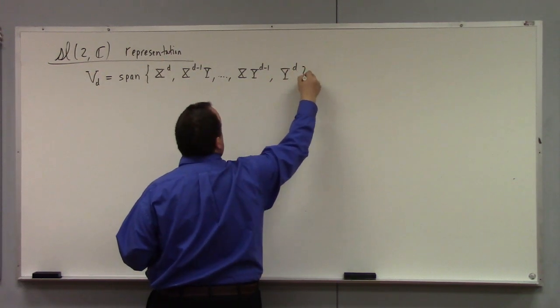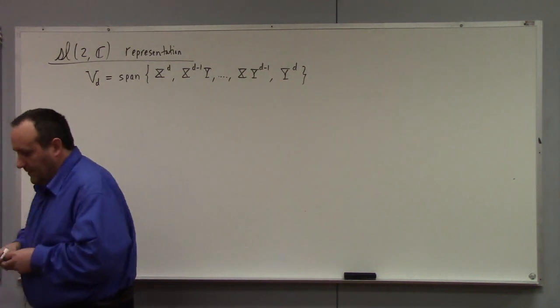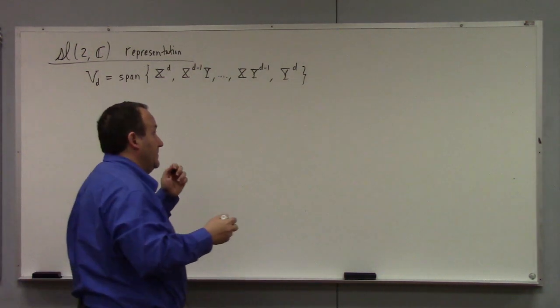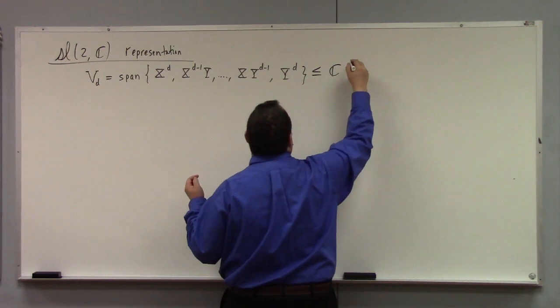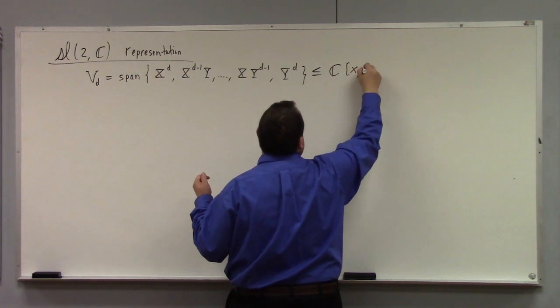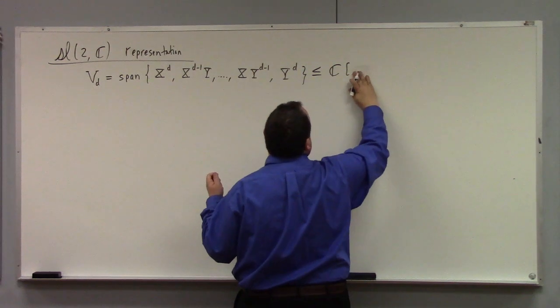So the bivariate polynomials of homogeneous degree d, which is a proper subspace of these guys.